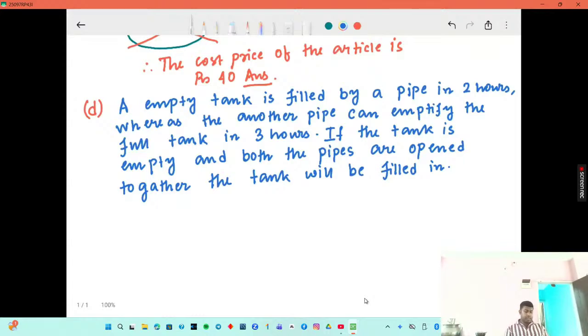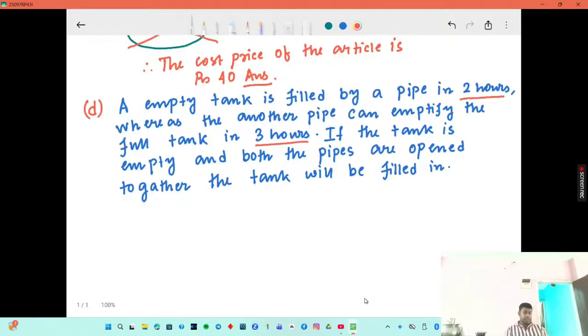So what is the question given here? The question here is given as, an empty tank is filled by a pipe in 2 hours, whereas another pipe can empty the full tank in 3 hours. Okay.